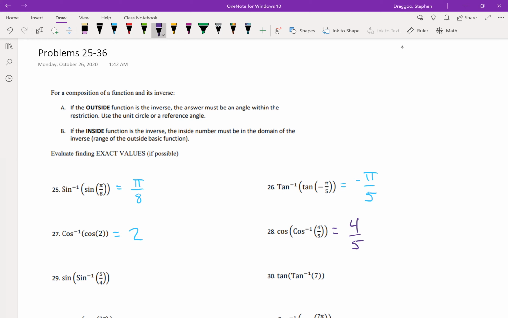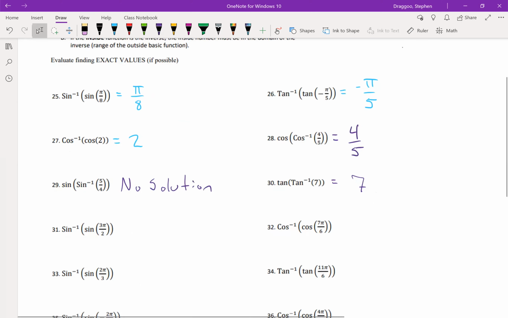We know that's impossible because sine can only go as high as 1. So no solution for problem 29. However, tangent inverse doesn't have such weaknesses. So the tangent of the tangent inverse of 7 is 7.